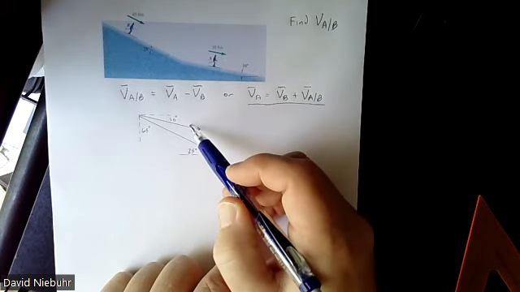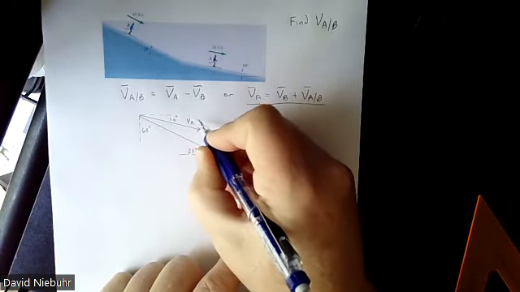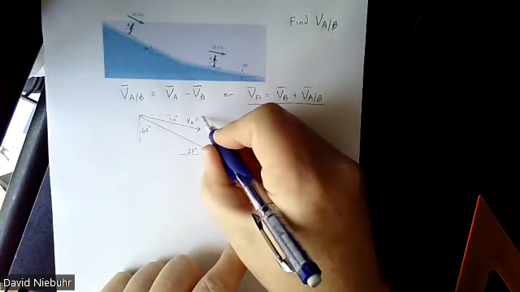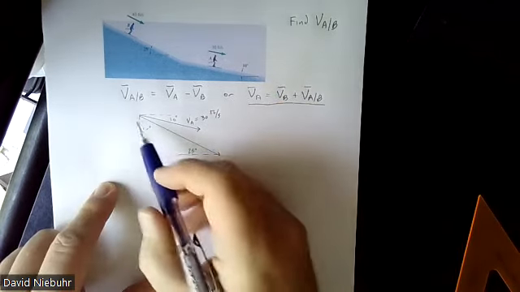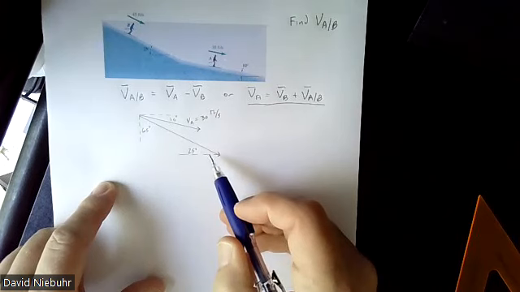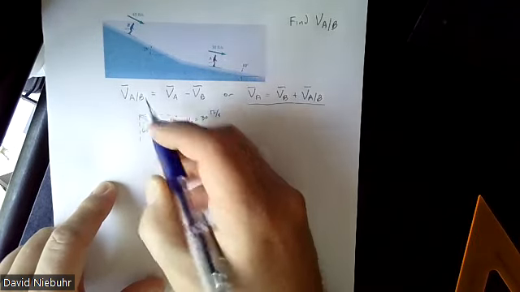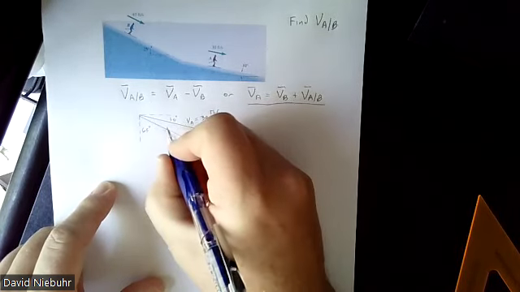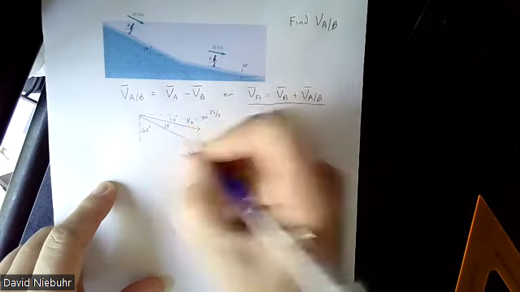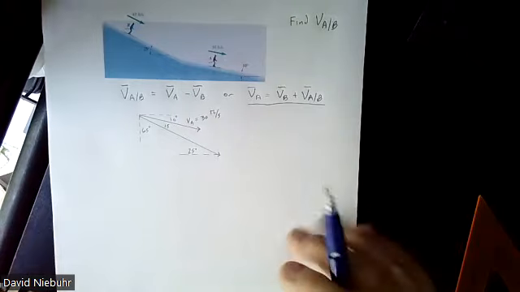Up here, I have the velocity of A, and we know that that's equal to 30 feet per second. And then I've drawn another line here at 25 degrees. So I know this entire angle up here is 25. If that's 10, then this has to be 15. So 10 plus 15 is 25.